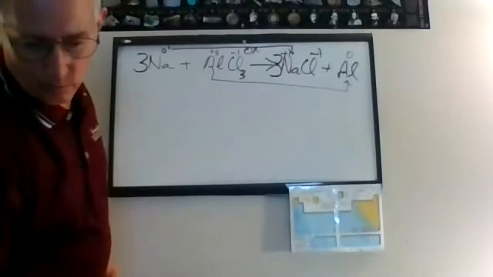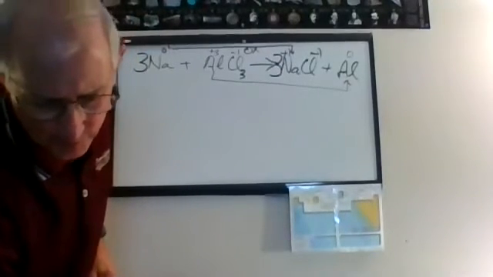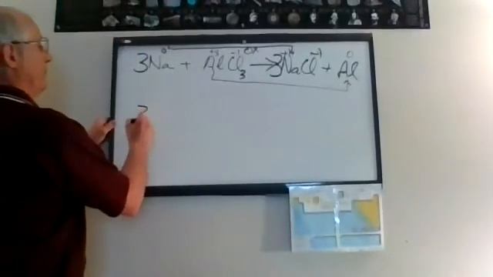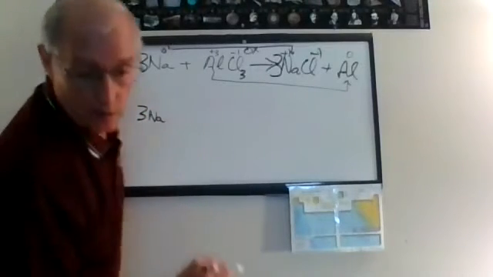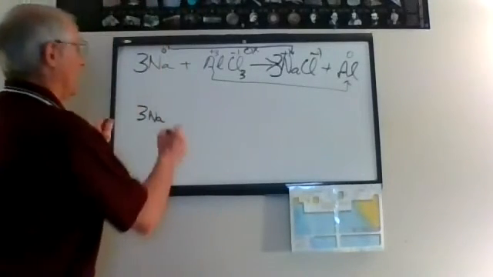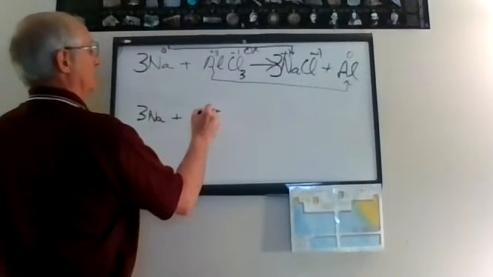And so they say the redox reaction on number 5 is 3 Na plus Al 3 plus.